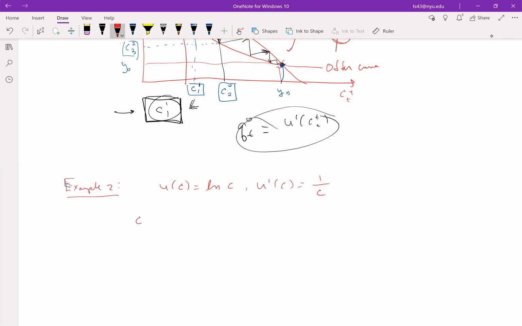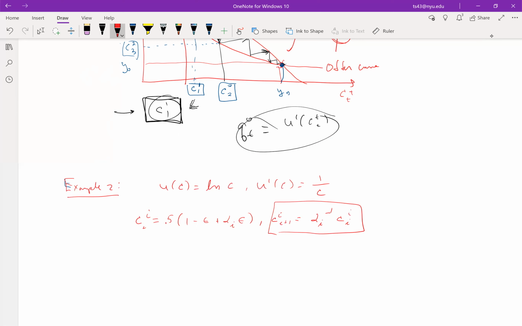So the offer curve could be written like this if you just do a little calculus: the same endowment pattern, and then C_{i+1}^i when the person's old is going to be alpha_i inverse on C_i^i, where alpha_i is the ratio of marginal utilities; this defines alpha_i.